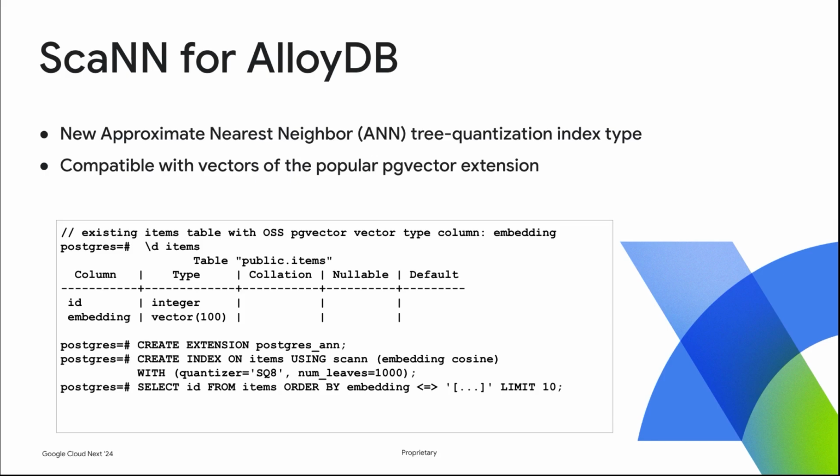It could be called anything. And then you're basically saying, I'm going to create a scan index on this embedding column for cosine proximity operations. As you may know, there are multiple kinds of distance. Besides cosine, there are also Euclidean and inner product that we also support.